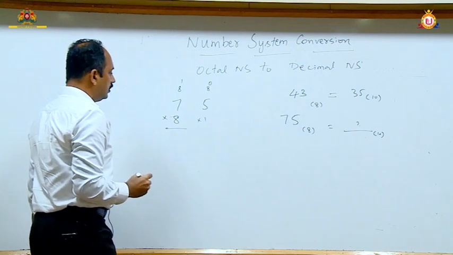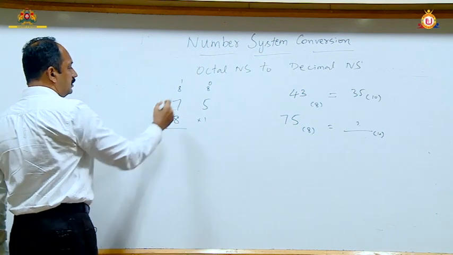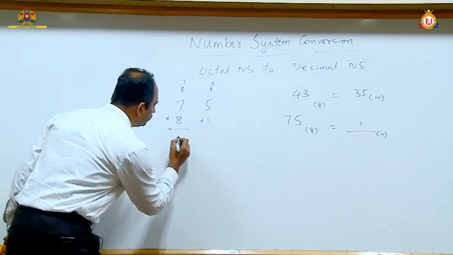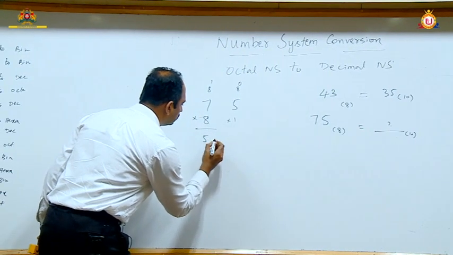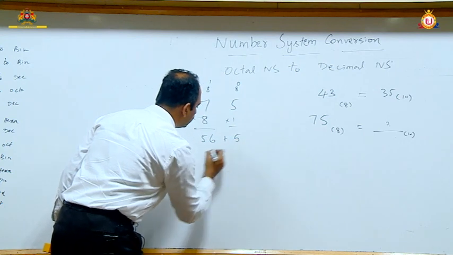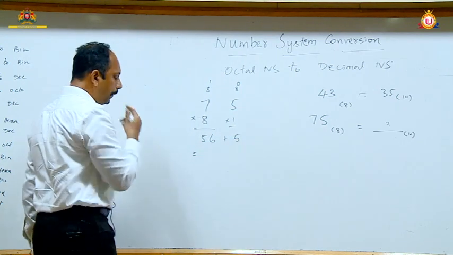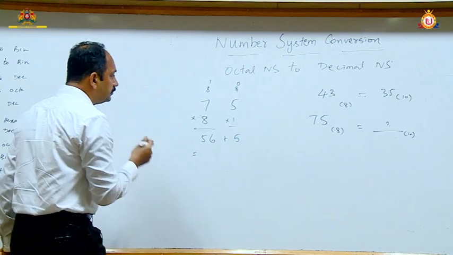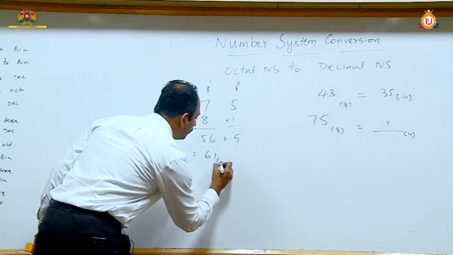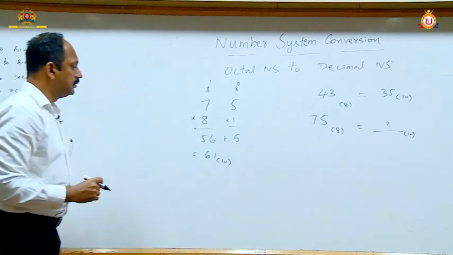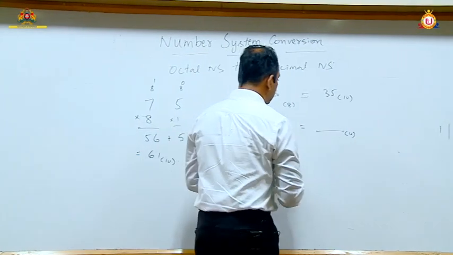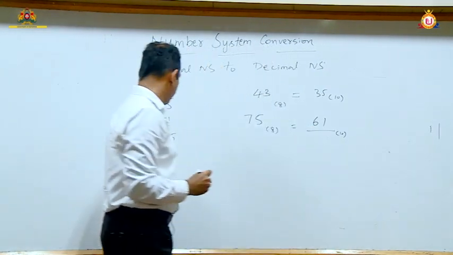So, what is 7 times 8? What is 5 times 1? That comes to 61. 61 is the decimal equivalent of 75.